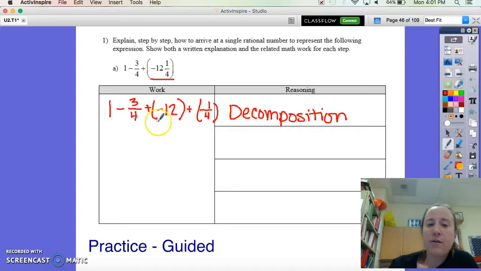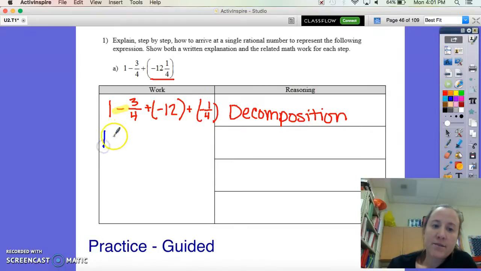Okay, now if I'm looking at this problem, what should stand out to me is I can't use commutative or associative property because of this. And so the very next thing that I would do, let me switch back to pen, sorry. The very next thing that I would do is fix that subtraction.